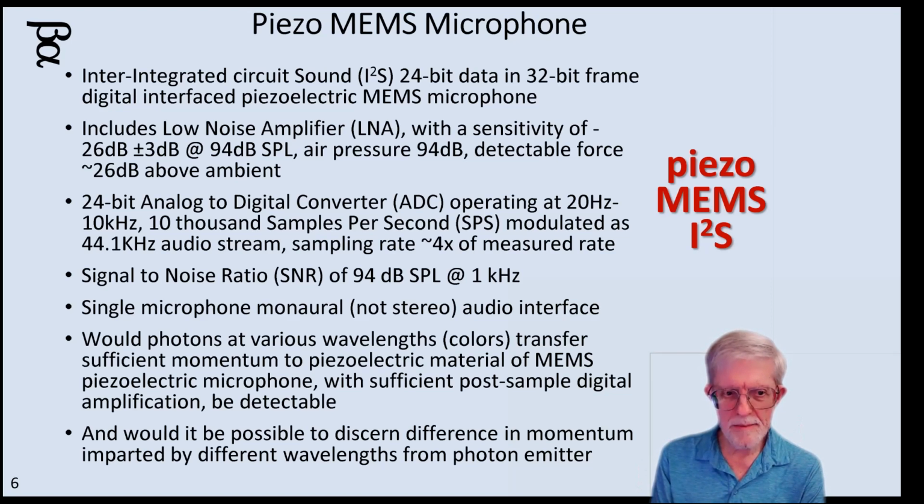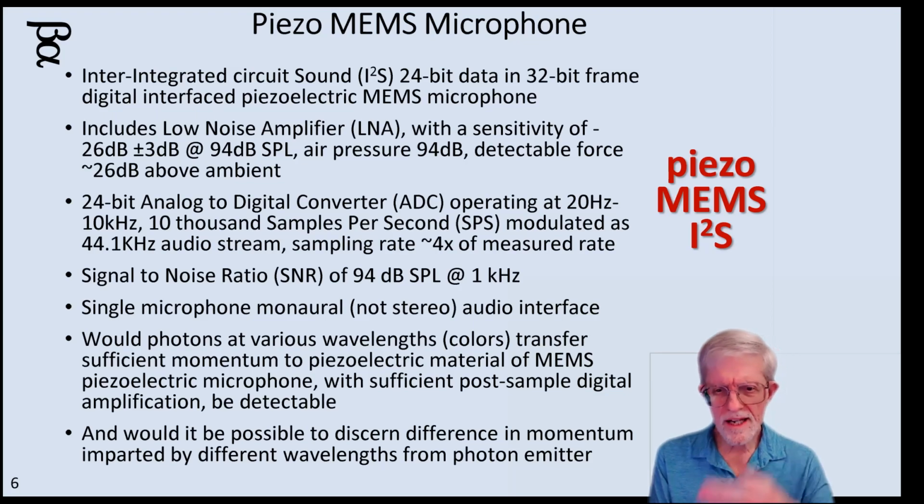And the minimum amount of pressure that will activate the detection and measuring is 26 decibels, plus or minus 3. A decibel is a unit of acoustic force, and it presumes that you have an air pressure. It presumes 94 dB of air pressure, and we won't have that in a vacuum. So there's some math to think about for that.